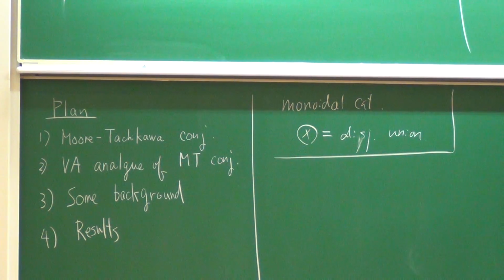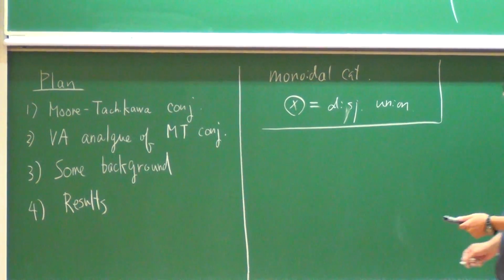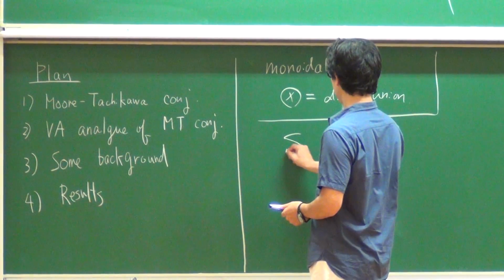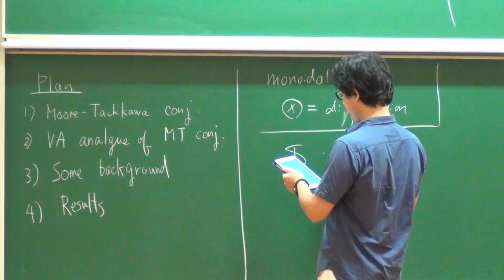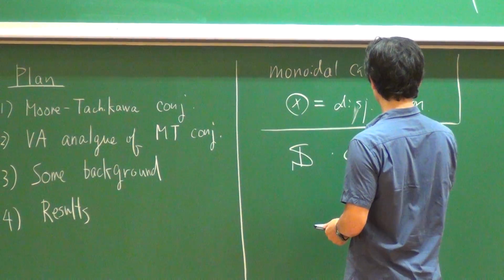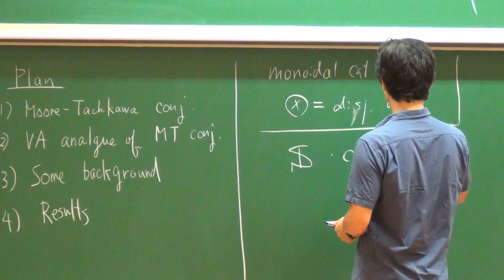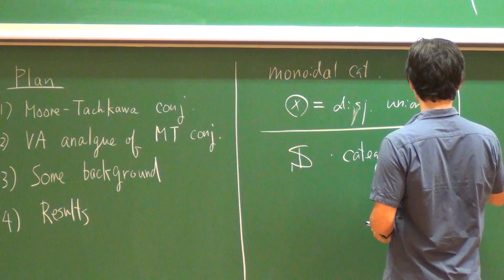And we consider another category. So this is the category of symplectic varieties.